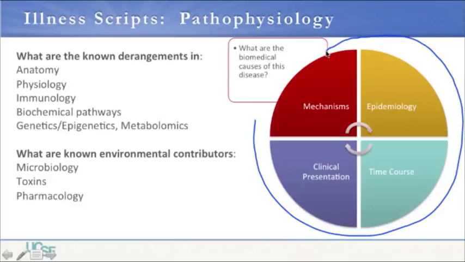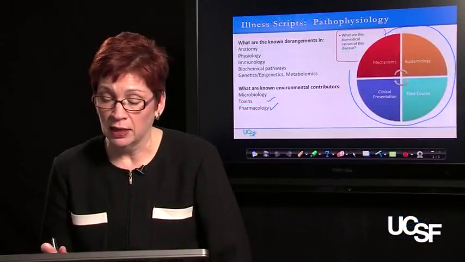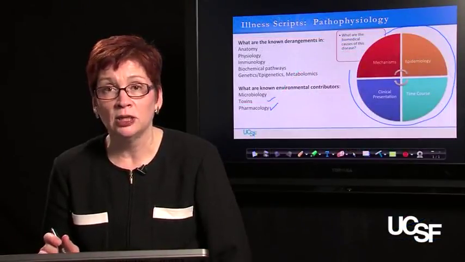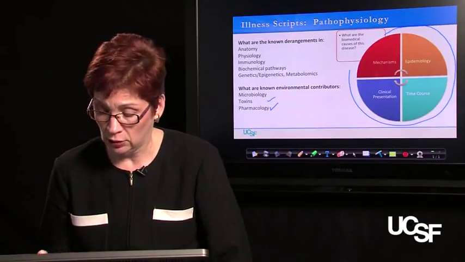Environmental contributors also may be present. For instance, microbiologic etiology of pneumonia or myocarditis, toxin exposure that leads to liver dysfunction, or drug overdose or drug use and an associated side effect might all be mechanisms that you incorporate into your description of a given disease's illness script.